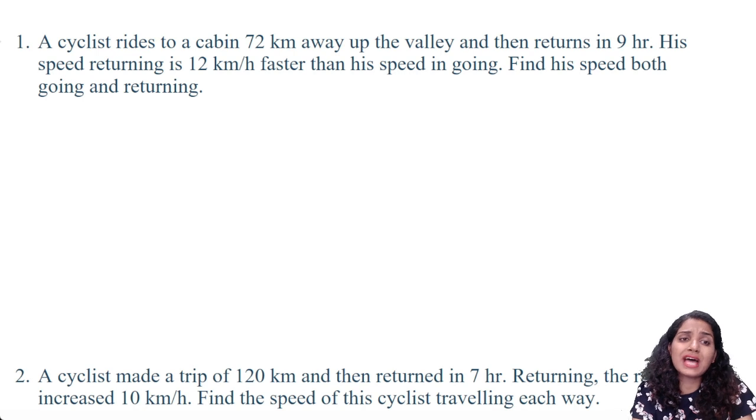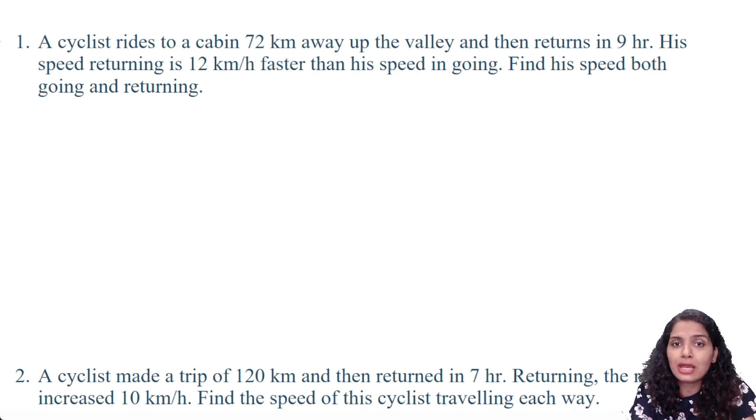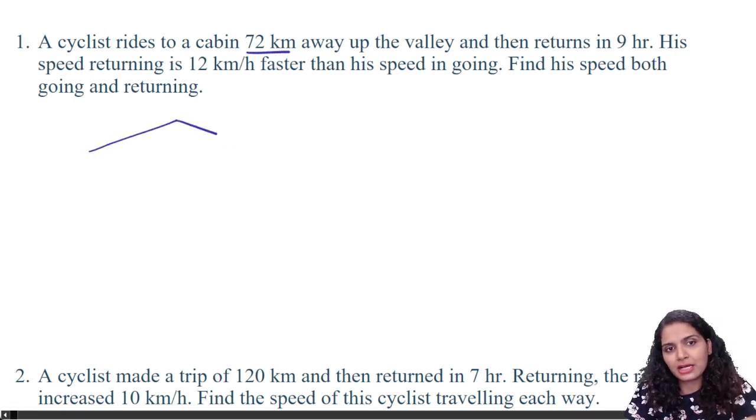Now it is about a cyclist who rides to a cabin 72 kilometers away up the valley and then returns in 9 hours. So what I can sense from this question is that he is going up 72 kilometers and then coming down. So there is some time taken for going up and time taken to come down, and the time taken for up and down is 9 hours, right?